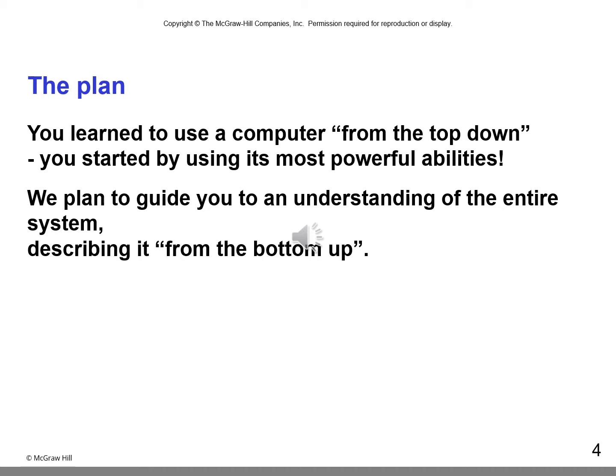You've learned to use a computer from the top down. You started by using its most powerful abilities. Now we're going to flip the script and describe it from the bottom up. And the bottom up is the processor processing a single instruction. That is abstraction level 0.